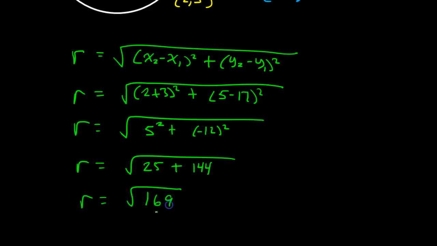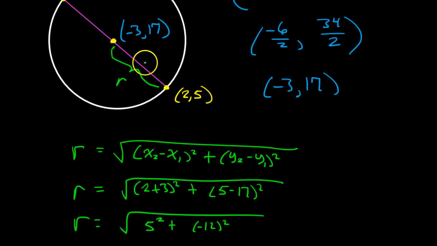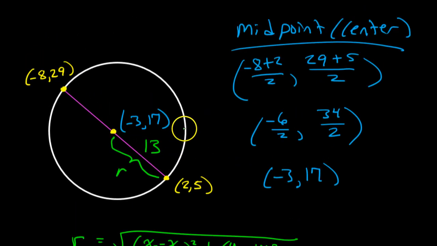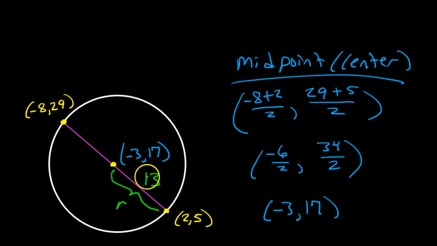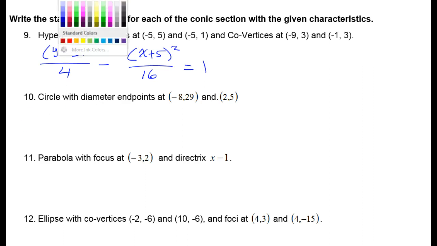So that's 169. So that is 13. So I did all that and I found that the radius is 13. So now I have the center and the radius. If I want to write the equation of a circle, it's going to go like this.